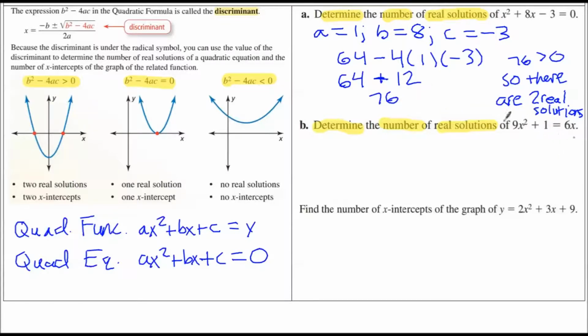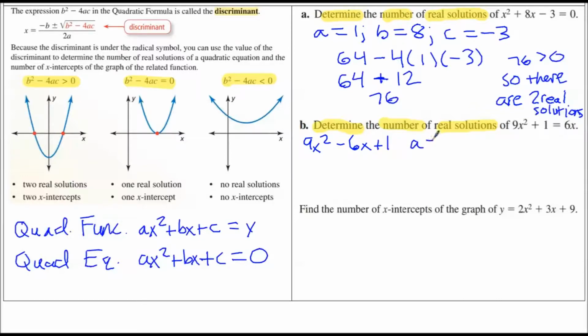That is not a quadratic equation. You have to write that first in ax squared plus bx plus c equals 0 form. So I'm going to subtract 6x from both sides first, and I get 9x squared minus 6x plus 1 equals 0. This is a quadratic equation, and now I can use my discriminant.